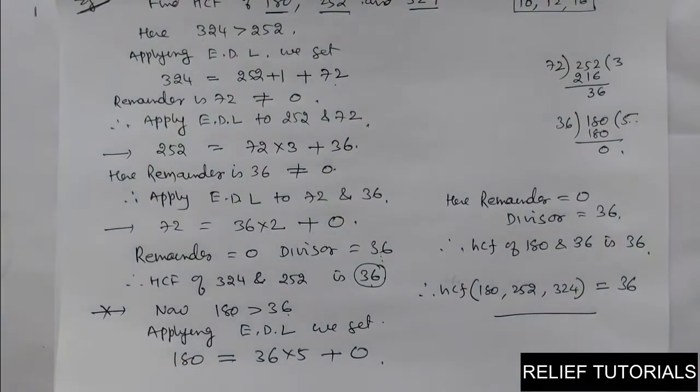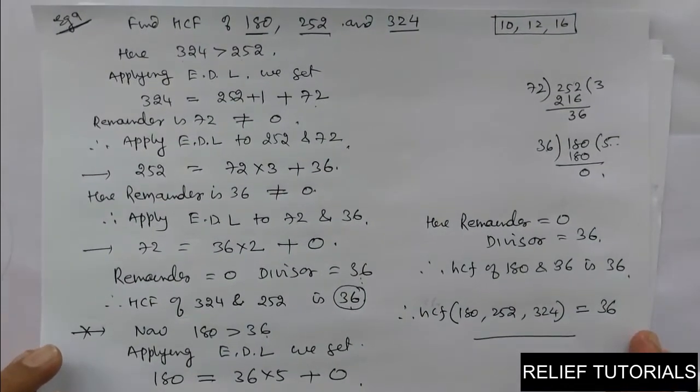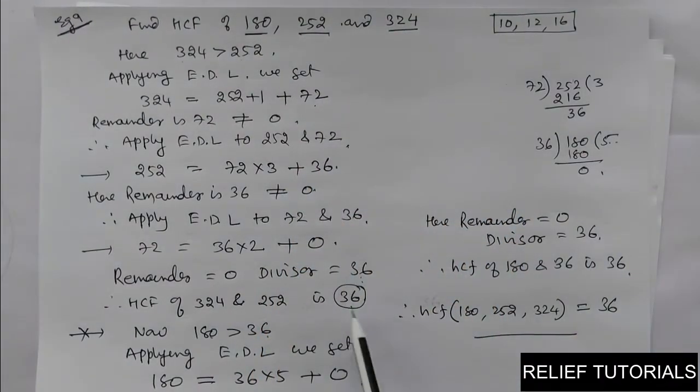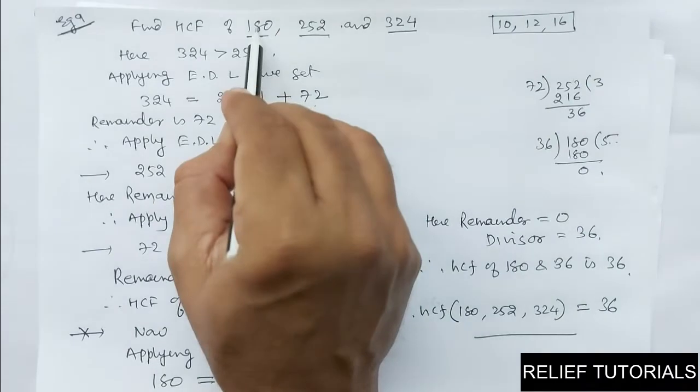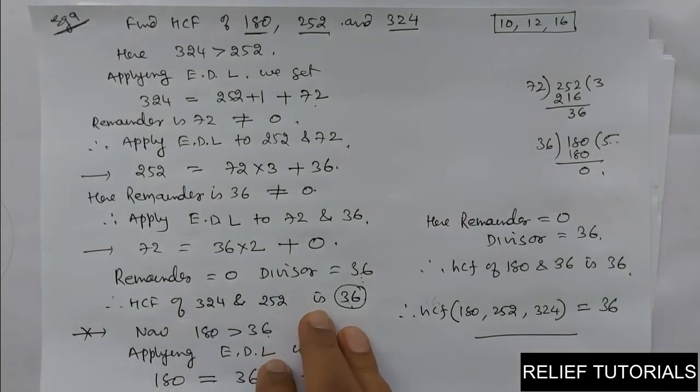So in this way, first you will find HCF of the two biggest numbers. Whatever answer you get, 36, you will find HCF of that number with the remaining number 180, and the final answer is the HCF of all these three numbers. So in this way you can find HCF of three numbers.